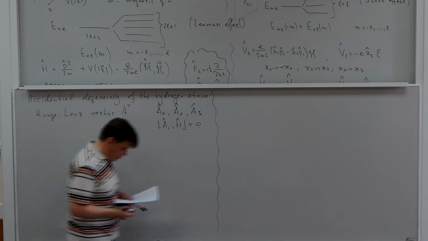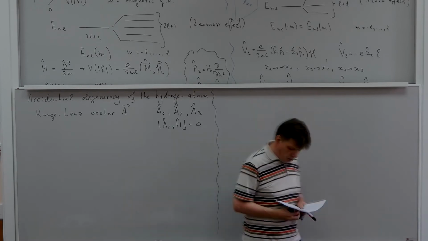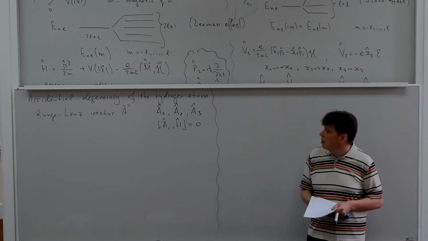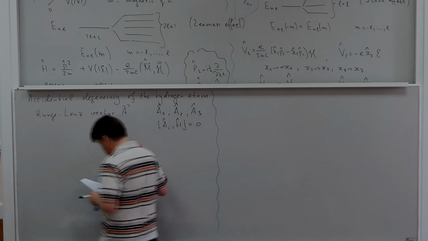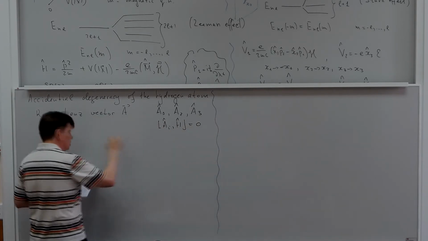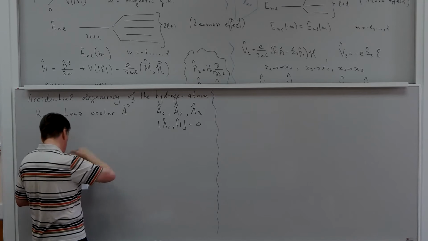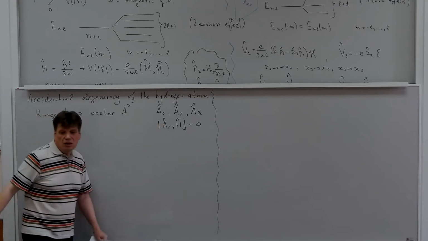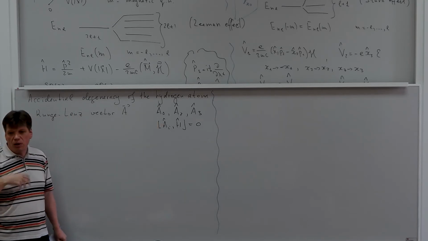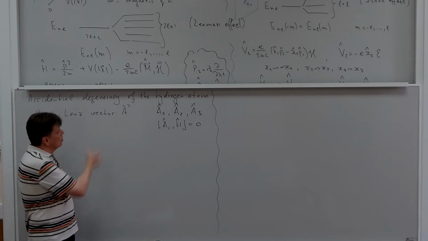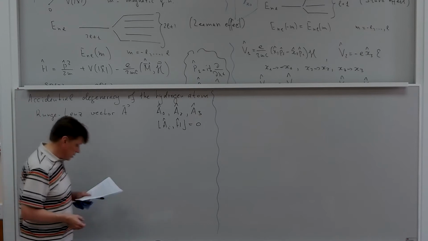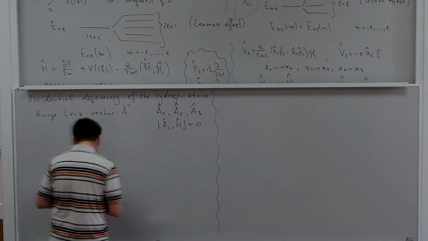Okay, now according to the quantum version of Noether's theorem that we had discussed at the previous lecture, these operators generate one-parameter groups of symmetries of the Hamiltonian, right?